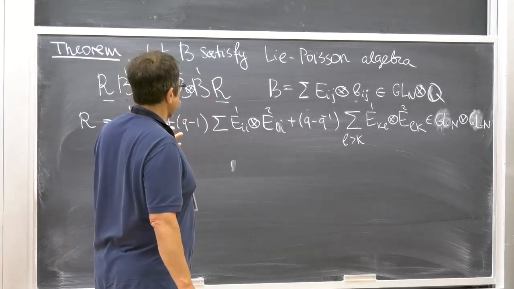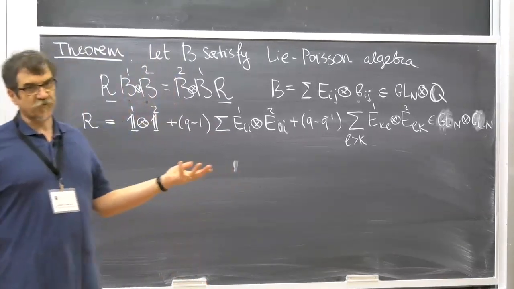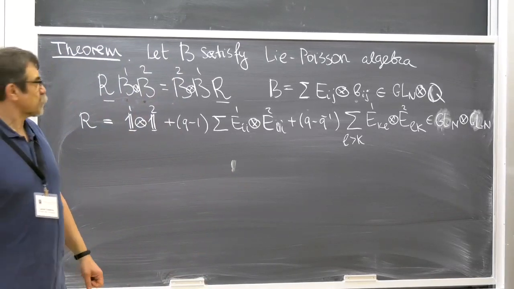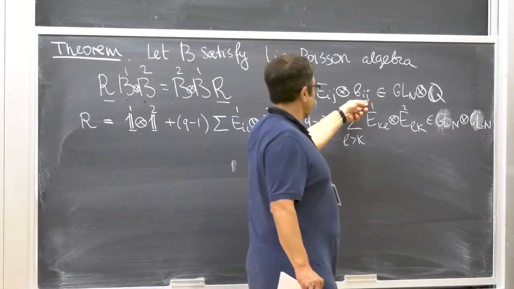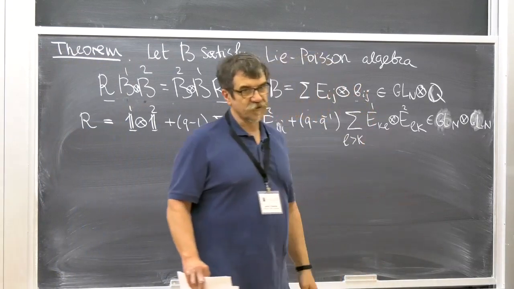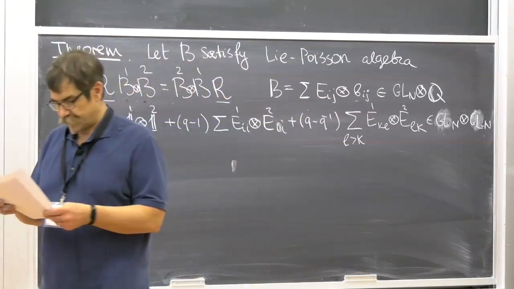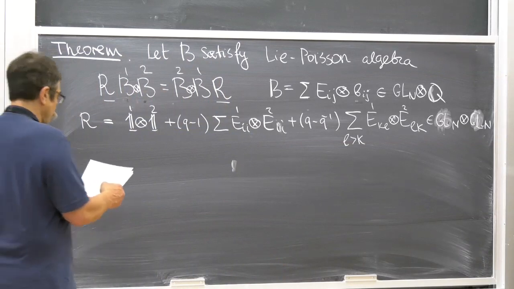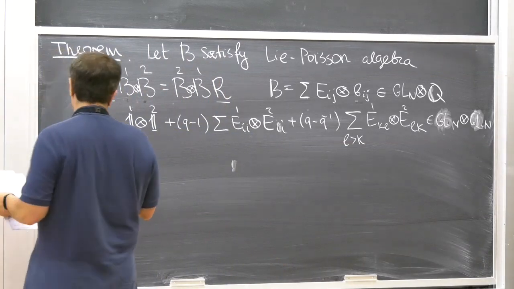In the product of GLN, of course, we can write them in any order we want. But because they have these quantum constituents, they are not interchangeable. So this is what is called a quantum trigonometric R matrix.